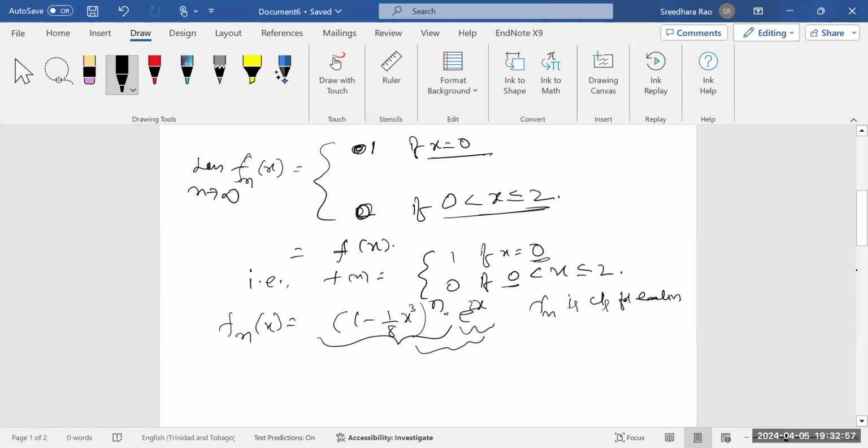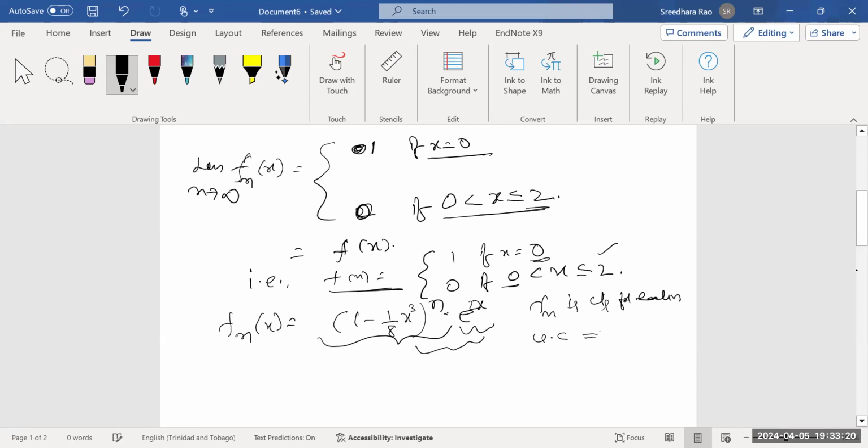Right? Then your limit function f is not continuous. So according to the theorem, we can conclude that the convergence is not uniform, right? So what happened?